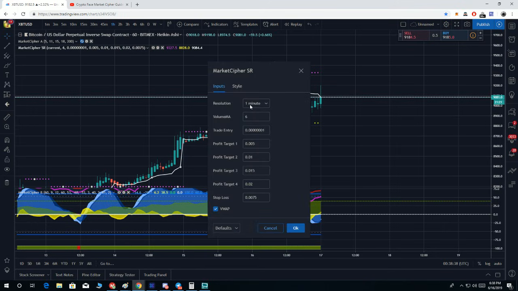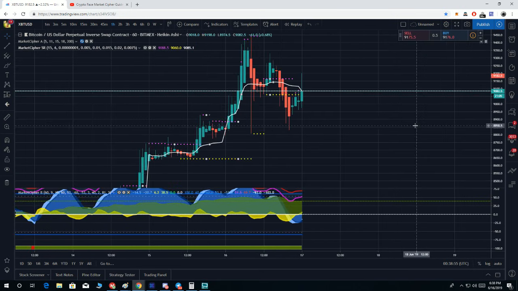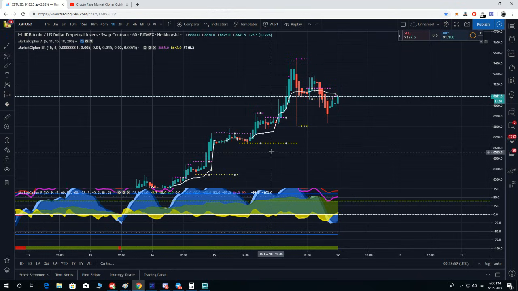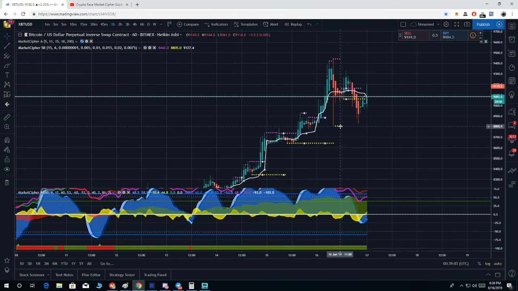In your resolution, you want to set the time 3, 4, 5 times less than the time frame you are in. So right now we are using the hourly, so I'm going to adjust it to the 15-minute. Okay? And then this would basically be the yellow lines, or the yellow dots. You're looking for entries. Purple dots, you're looking for exits, right?